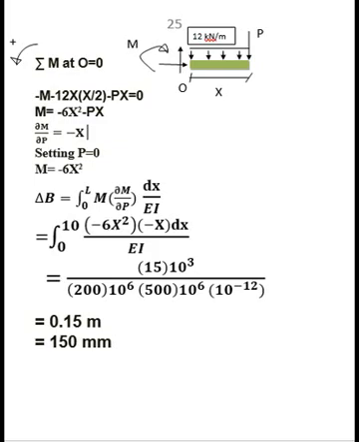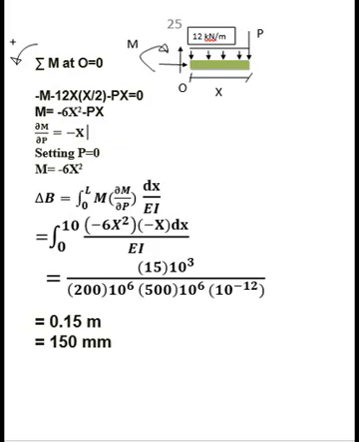The positive sign is counterclockwise. So the equation will be minus M minus 12x times x over 2, the distance for the uniform load to the point O, minus P times x equal to 0. So M will be minus 6x square minus Px.